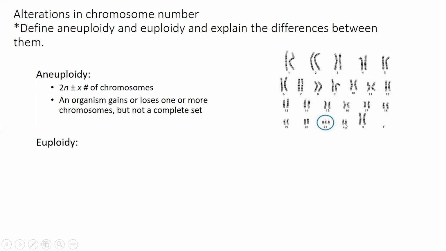So in this case, you have 3 chromosomes at chromosome 21, right? An organism gains or loses one or more of the chromosomes, but not a complete set.